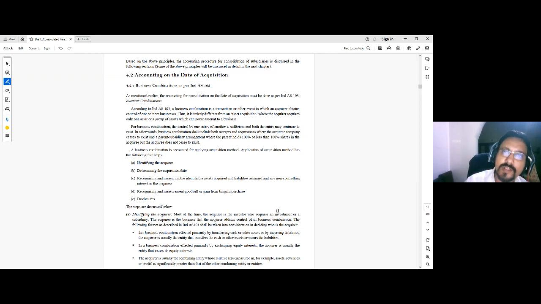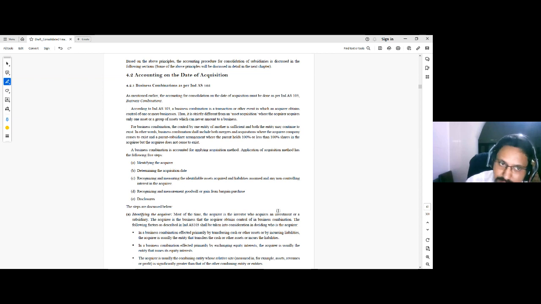These others are known as non-controlling interest because they are holding some share but they are not controlling. So on the date of acquisition, while preparing the consolidation, we need to recognize, that is, measure and record identifiable assets, identifiable liabilities, and non-controlling interest holders, if any.